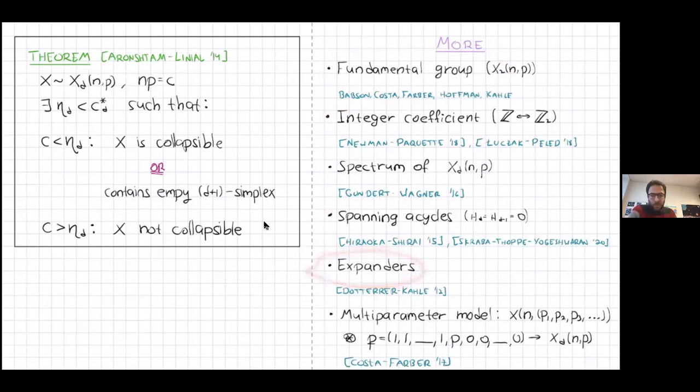Expansion in graphs can be translated to expansion in complexes. And there's also the multi-parameter model, which is a generalized model where you have probabilities for faces in every dimension to appear. So there are many other results and models to be studied in this combinatorial context. And I will stop here.